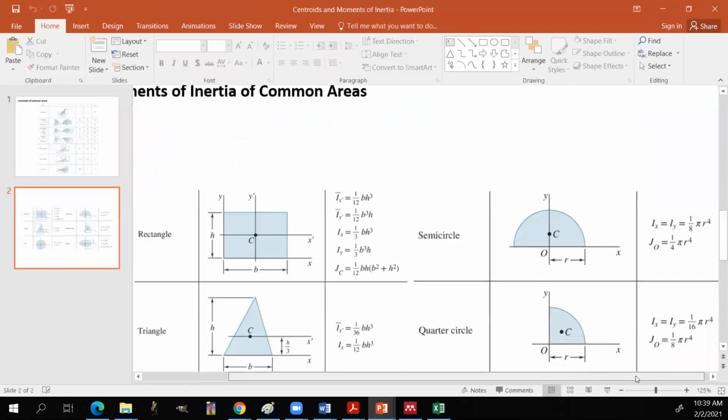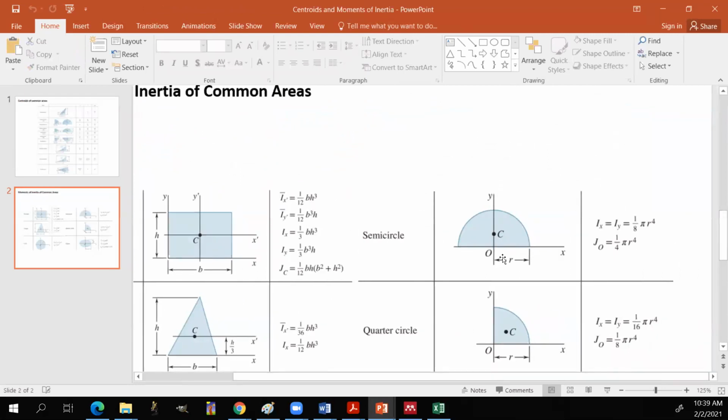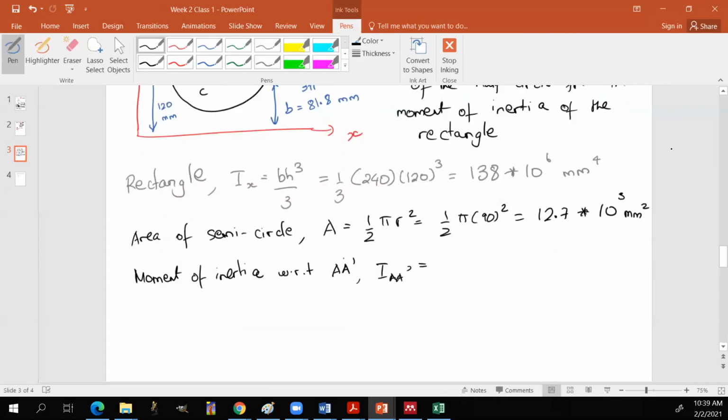It said Ix equals 1 over 8 pi r to the power 4. So you get 1 over 8 times pi r to the power 4, right?